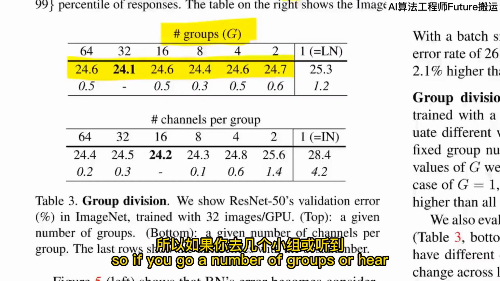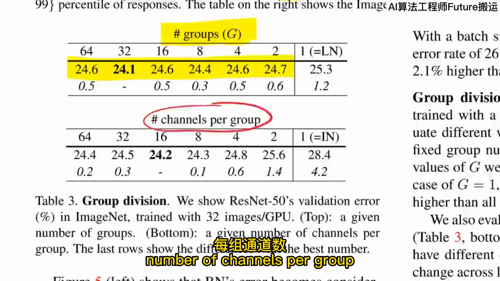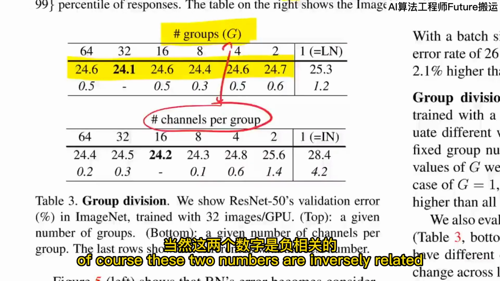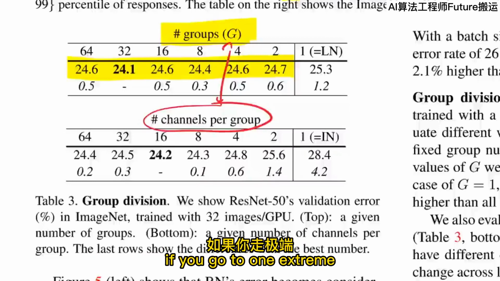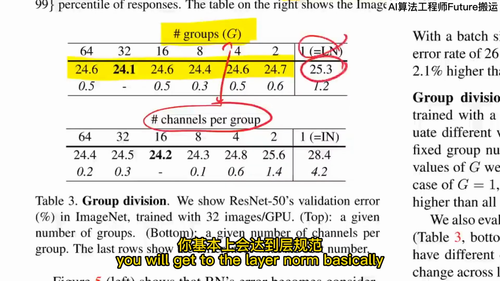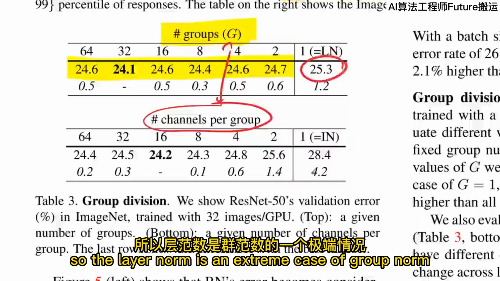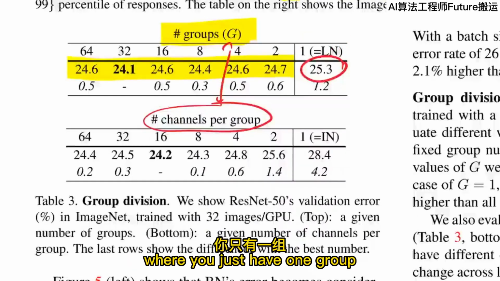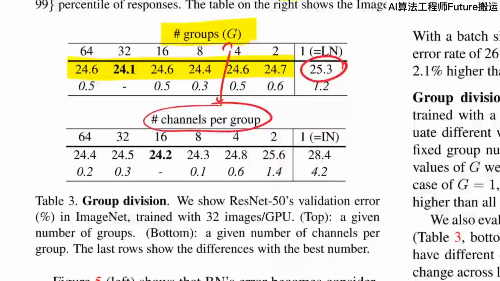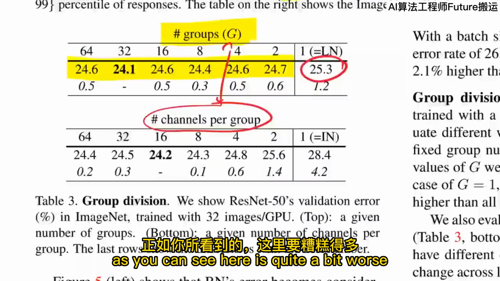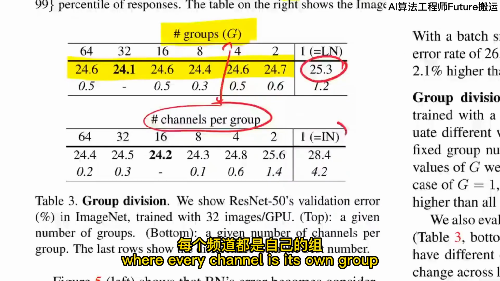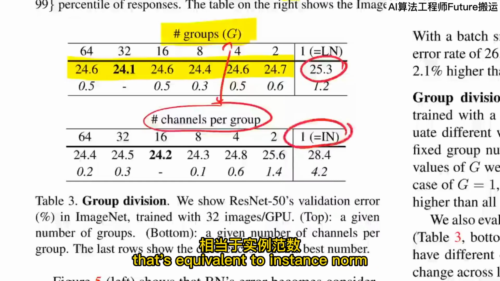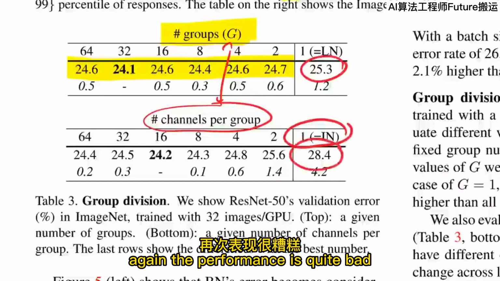performance. So if you go number of groups, or here number of channels per group, of course these two numbers are inversely related. The more groups you have, the fewer channels per group you have. If you go to one extreme, you will get to the layer norm, basically. So the layer norm is an extreme case of group norm, where you just have one group. All the channels are in the same group. Then the performance, as you can see here, is quite a bit worse. If you go to the other extreme, where every channel is its own group, that's equivalent to instance norm, and again the performance is quite bad.